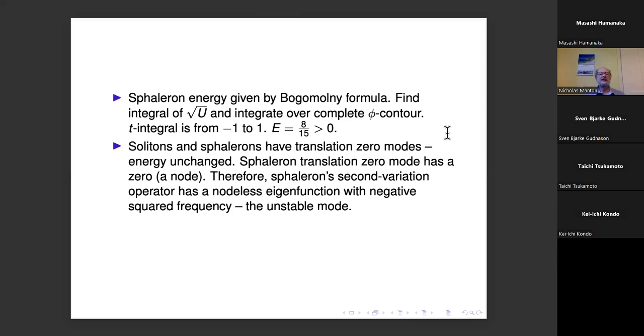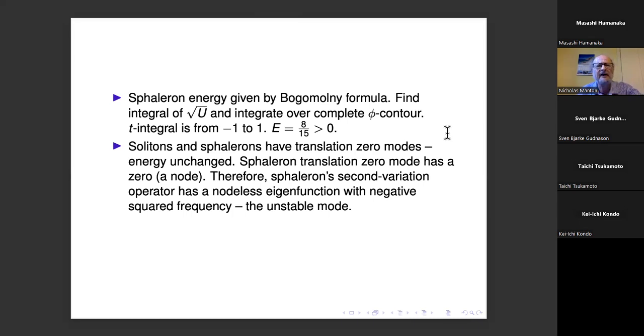If you study the small oscillations around a kink or a Sphaleron, which require you to start with the second order full dynamical equation and then linearize, so you look at small oscillations around the static solutions, then you can look at the frequencies of the modes of oscillation.